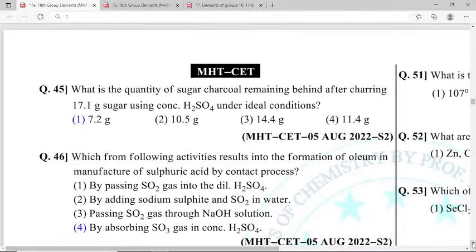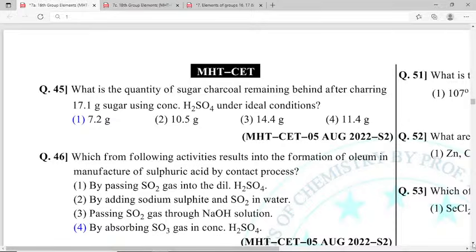Next question. What is the quantity of sugar charcoal remaining behind after charring 17.1 gram sugar using concentrated sulfuric acid under ideal condition? This is a numerical question.